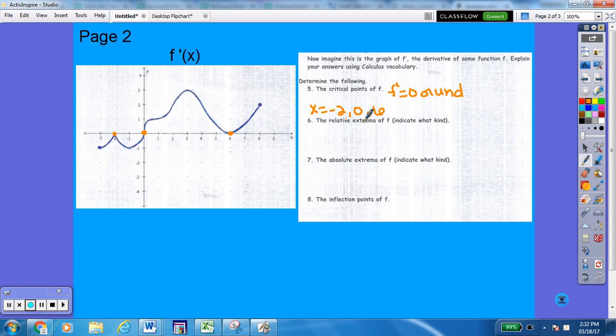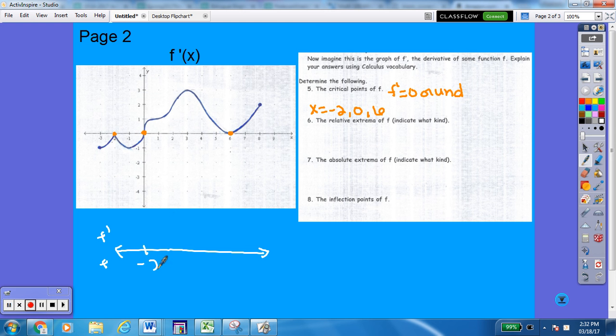Okay. Next, the relative extrema and what kind? Well, to find the relative extrema, I often find it useful to make a chart. So what I do is I make a nice horizontal line and I put my derivative up here, regular graph here. I put my critical points on it.